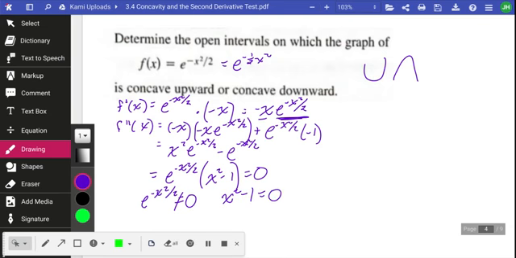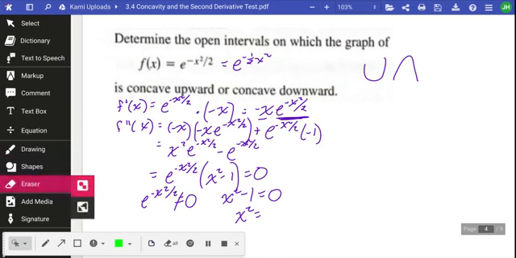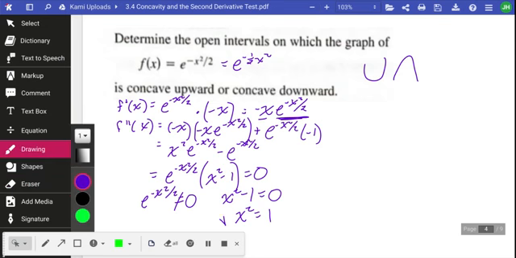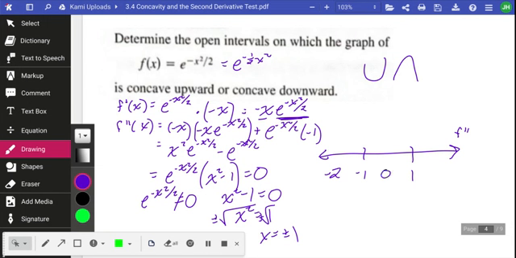I add 1 to both sides and square root both sides, and I get plus and minus, so x is positive and negative 1. Those are the zeros I put on my number line, and this is for f double prime. I need to pick a value to the left, a value in between, and a value to the right. There's no endpoint, so we don't have to worry about keeping it within any bounds.